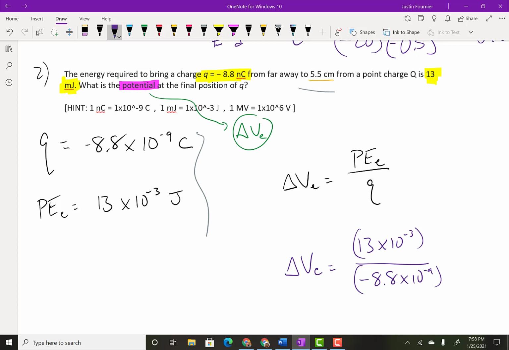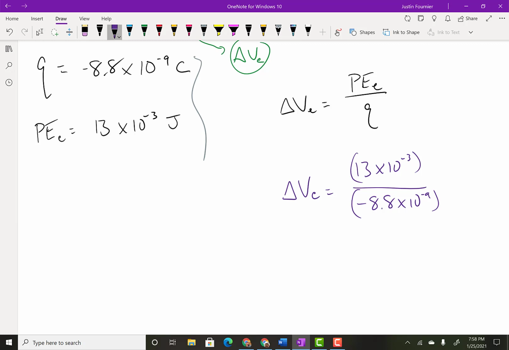And I get, wow, I'm getting quite a big number. 1.48 and a negative, so negative 1.48, which makes sense. I had a negative right there. So negative 1.48 times 10 to the 6th power volts. So that's going to be my volts.